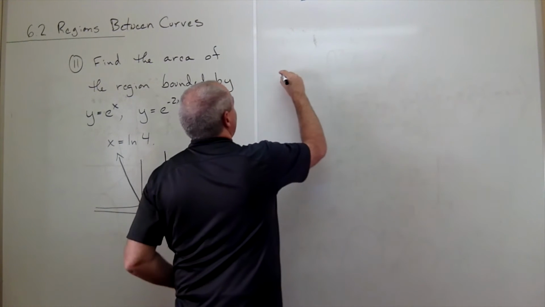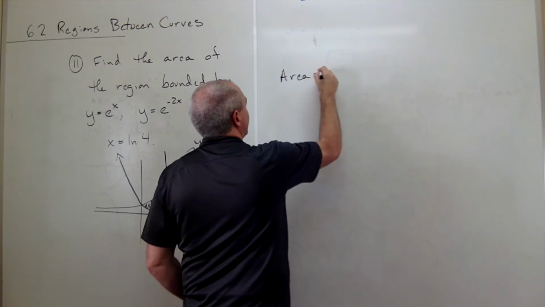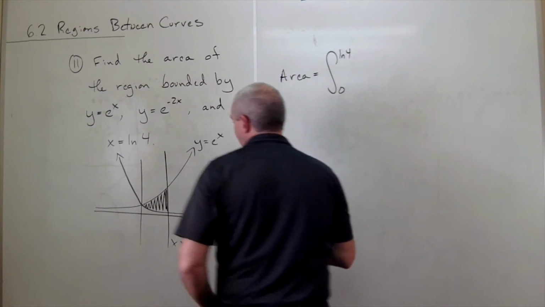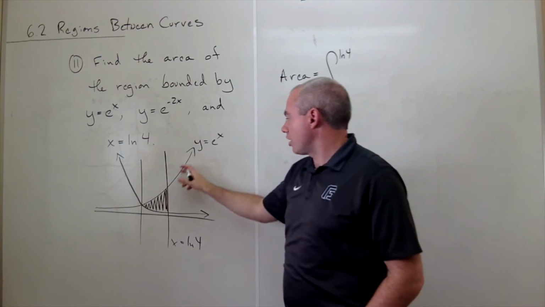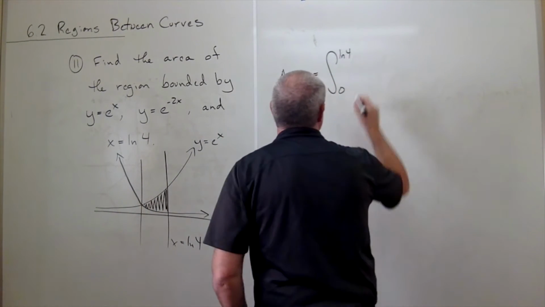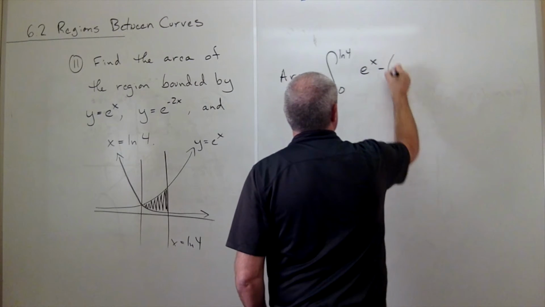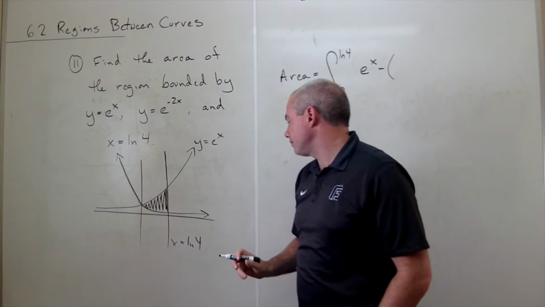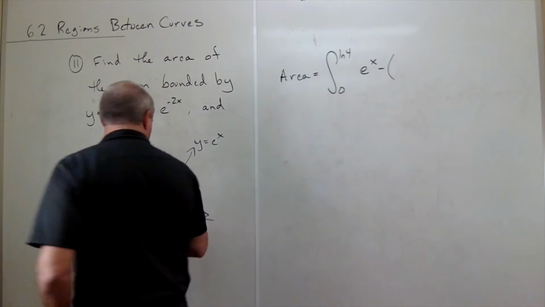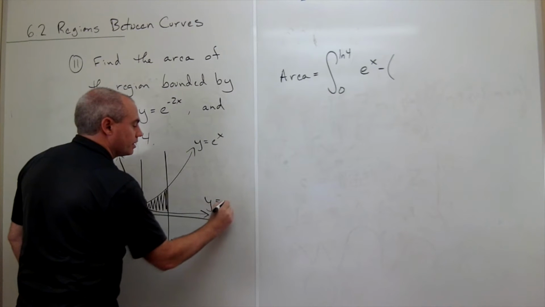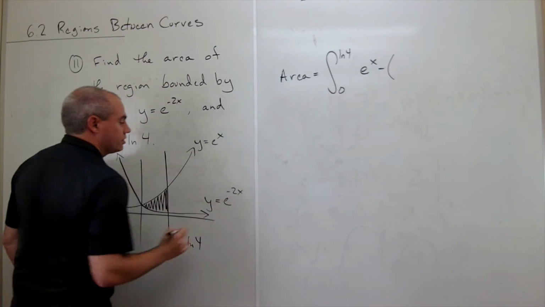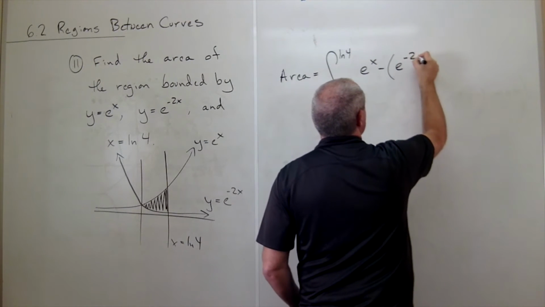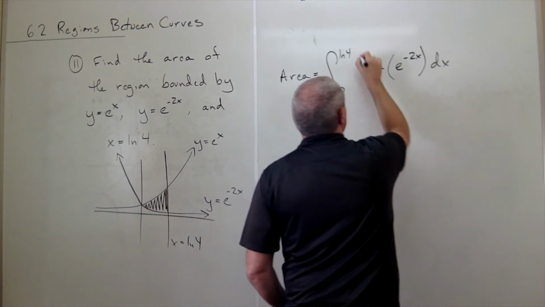So we can start this off by saying, okay, our area that we're looking for here is the integral from 0 to ln of 4 of the top function, which in this case is e to the x, minus our bottom function, which in this case is, let's see, I didn't write it in here, but this is y equals e to the negative 2x. So we want to subtract e to the minus 2x dx.